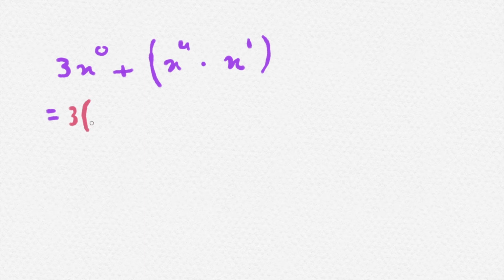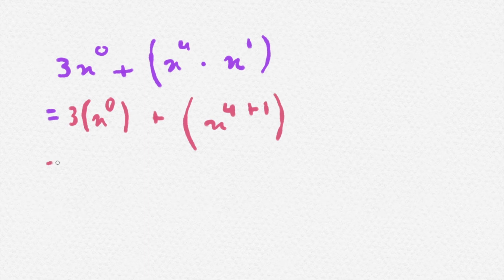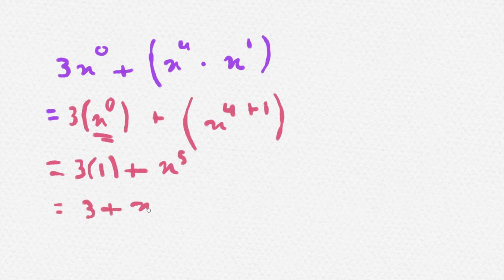Using our first index law, we can write 3(x to the power of 0) plus x to the power of 4 plus 1. Now we know x to the power of 0 is 1, so we can write 3 times 1 plus x to the power of 5. 3 times 1 is simply 3, so the final answer will be 3 plus x to the power of 5.